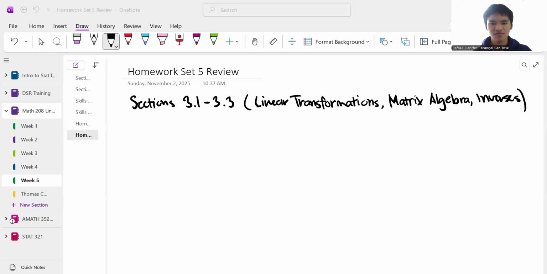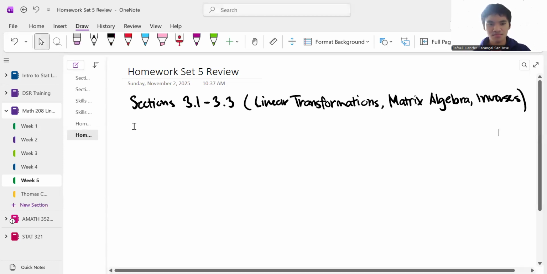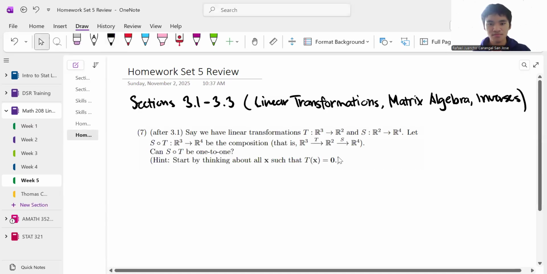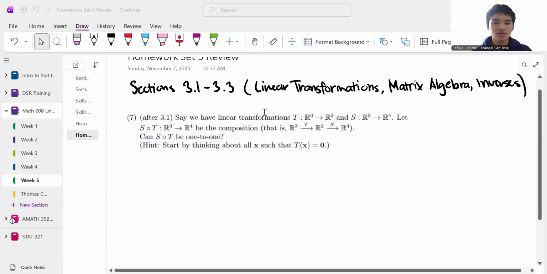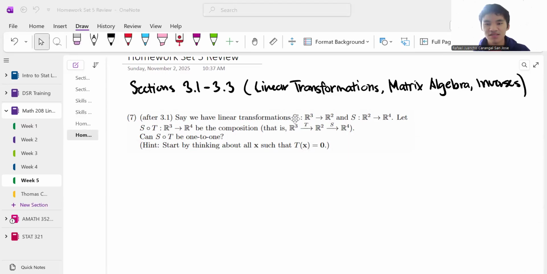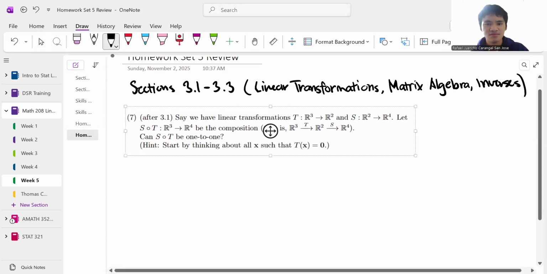So we're going to start off with this problem here. So here we see a linear transformation T from R3 to R2. And then we have this S transformation from R2 to R4. And so when we do a composition of linear transformations, it's going to be from R3 to R4, right?